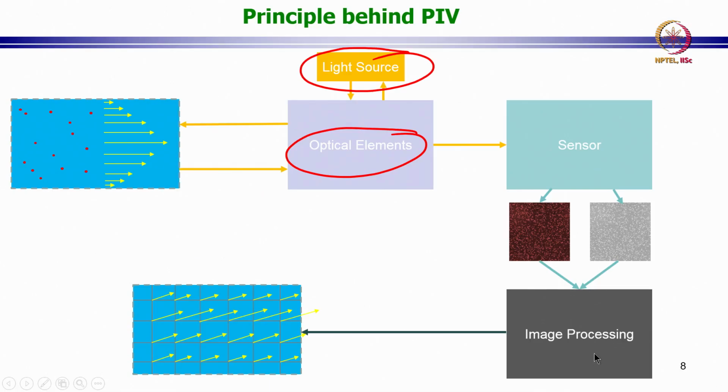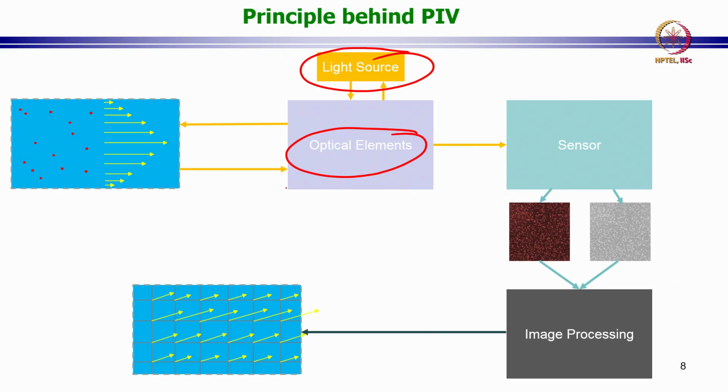So with that, we had shown you this particular conceptual diagram last time, and we had said that there are so many different elements of PIV operation, including the light source, the sensor operation, and optical elements.